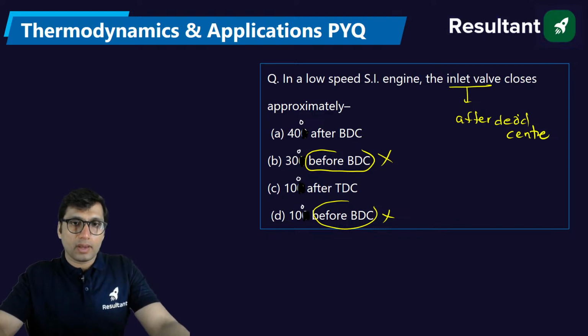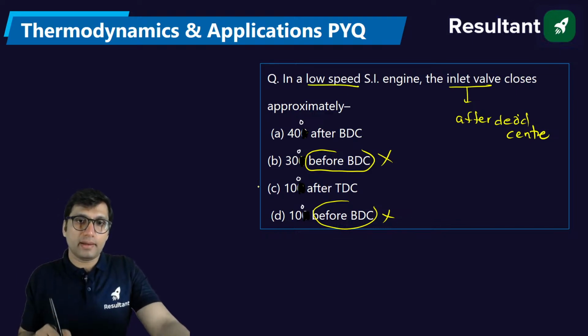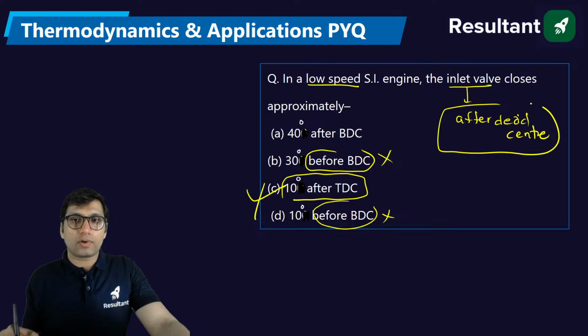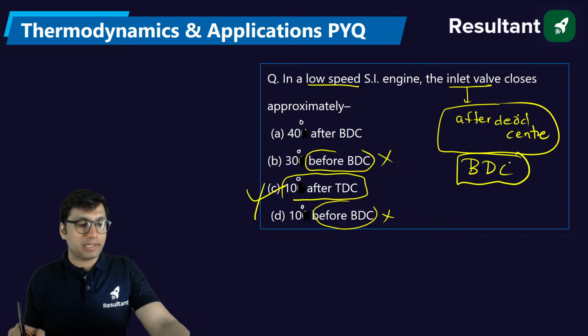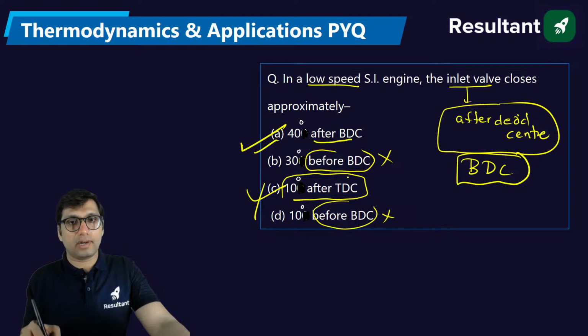But if it is a low speed engine, it will be 10 degree after top dead center. Is it correct? No. Why is it not correct? Because the inlet valve closes at bottom dead center in ideal condition, and in actual condition after bottom dead center. So it is not related to top dead center.